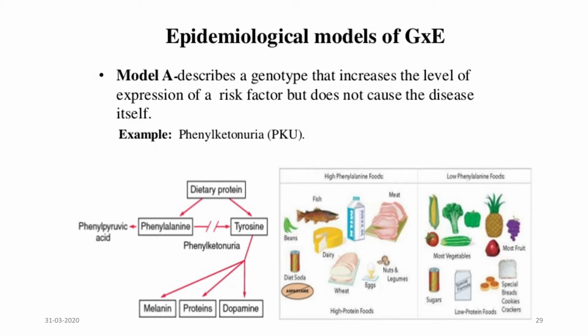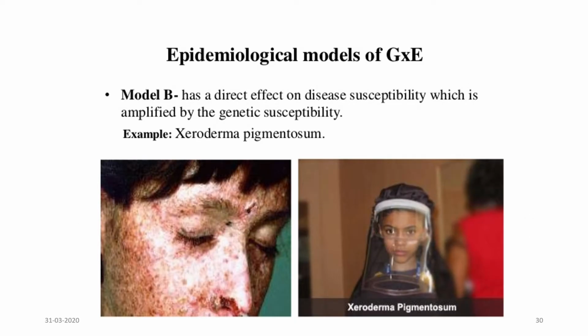If a person has a mutation in this gene, then the phenylalanine conversion does not happen, and there is accumulation of phenylalanine, which converts into phenylpyruvic acid, which is harmful for the body. So if you avoid the diet, then the genotype has no effect. So you can also minimize the levels of the risk factor.